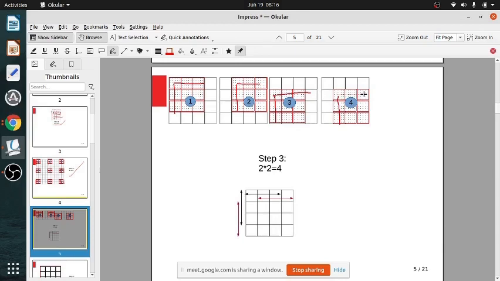So we are getting 4 ways. Horizontally we are getting 2 ways, and vertically we are getting 2 ways. So 2 into 2, 4. We can take either this one or this one horizontally, 2 different ways. Vertically we can take this one or this one, 2 different ways.